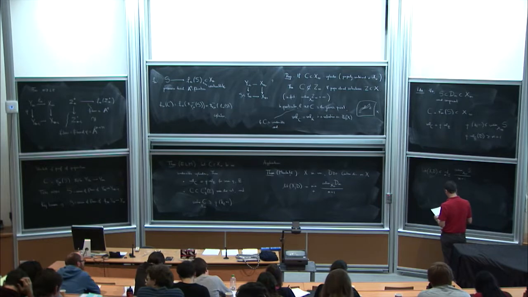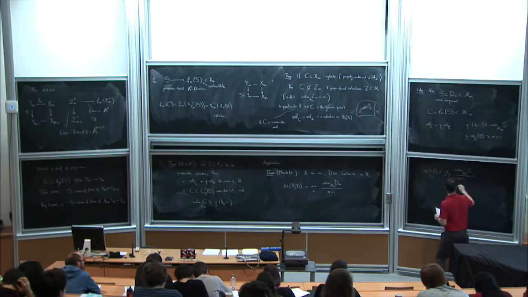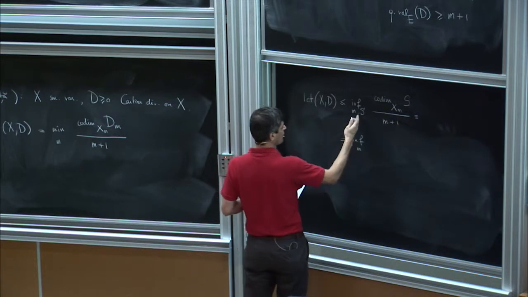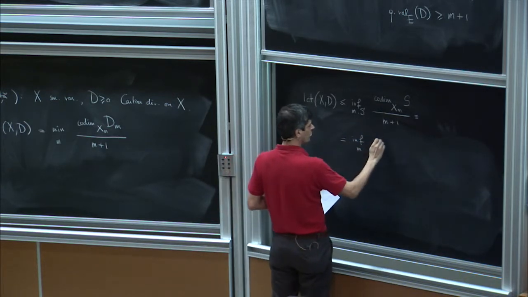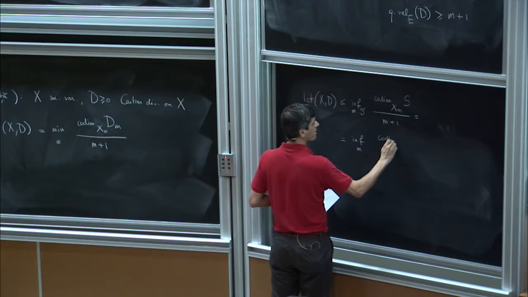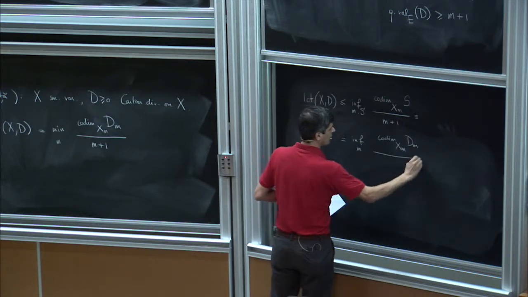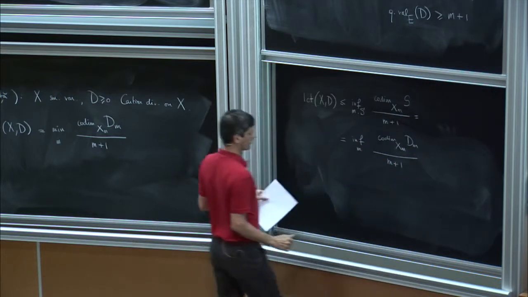And that's the same thing as the infimum over all possible m: I just look at all components, so look at the codimension inside X_m of D_m divided by m plus 1.